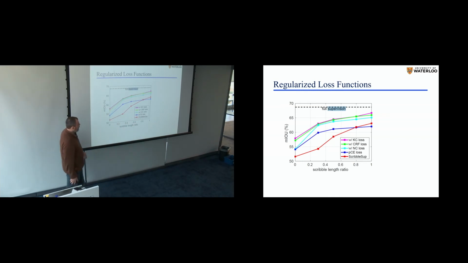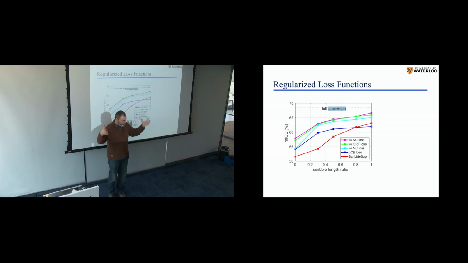Second, that axis shows the degree of supervision. What do I mean by this? I should have shown you a representative picture, but you've seen those scribbles, right? One doesn't mean a full mask. It's still weak supervision. We had a database from people who did weak supervision before us, with scribbles, and this axis controls how much of that scribble we use. Half would mean we use only half of the scribble, not randomly sampled, but half of the long scribble from the end.